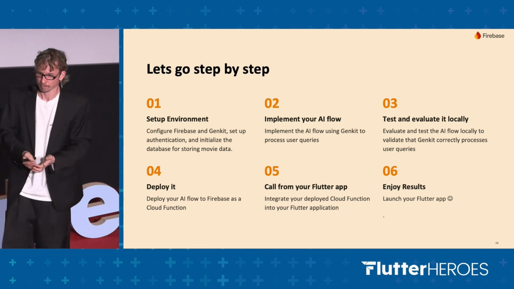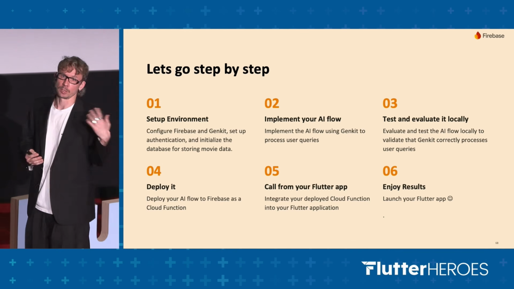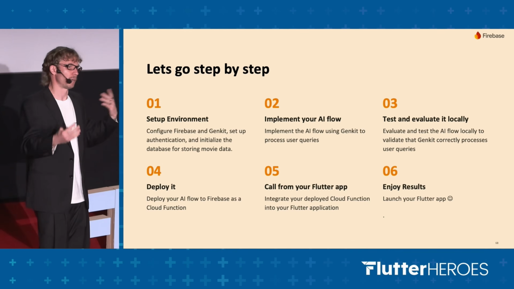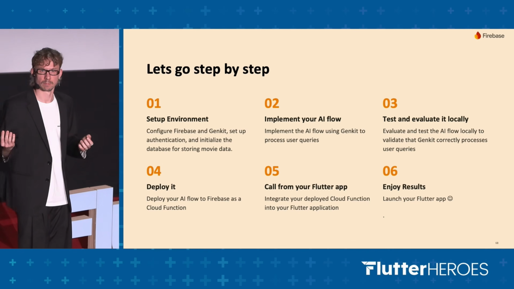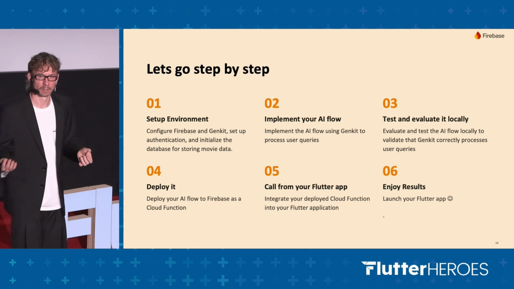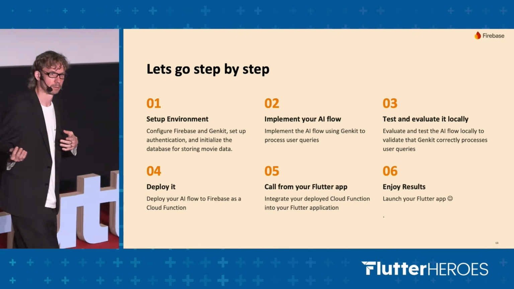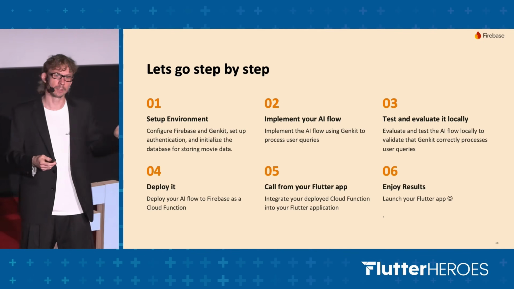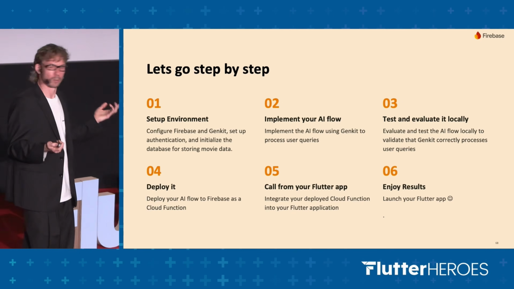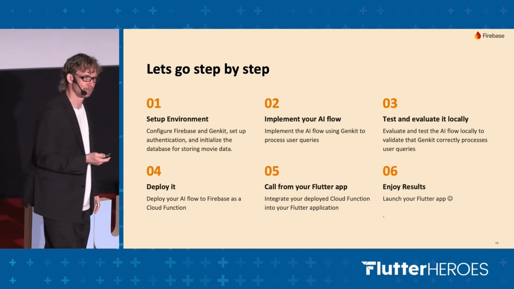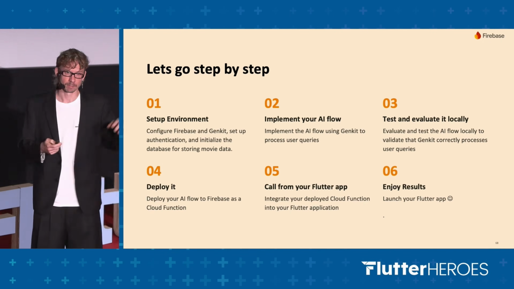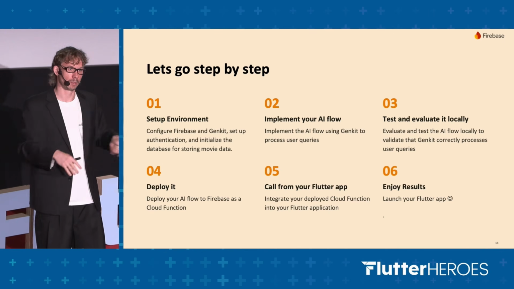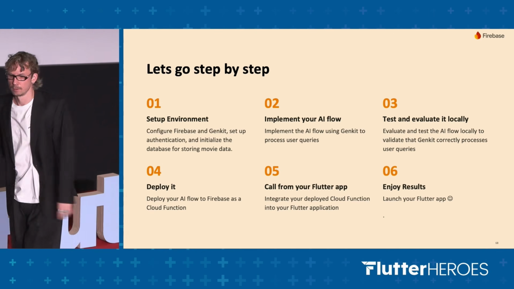Then you implement your AI flow. For example, as a first step, you can just connect ChatGPT or Gemini, ask it something and check that everything is going well. Then you can test and evaluate, check how evaluators work, or you can skip this step for the first try. Then deploy it, Firebase deploy, everything is there.